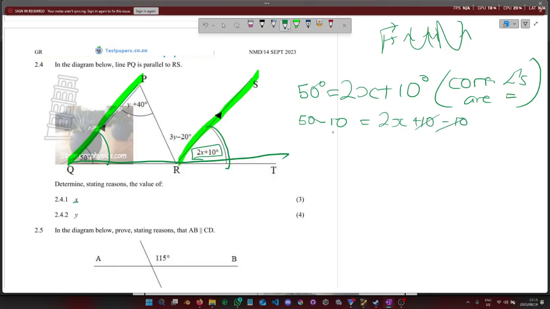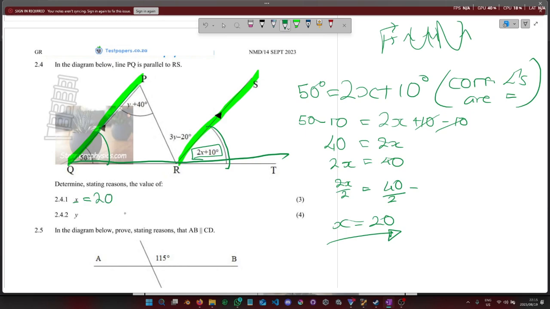These two cancel each other out. That'll be 40. That'll be 2x. 2x divided by 2 is equal to 40 divided by 2, which is going to be x is equal to 20, right? So let's say x is equal to 20. Awesome.